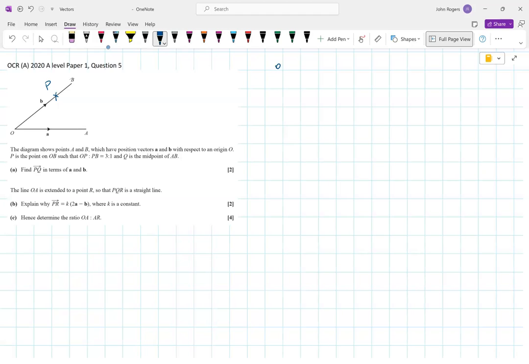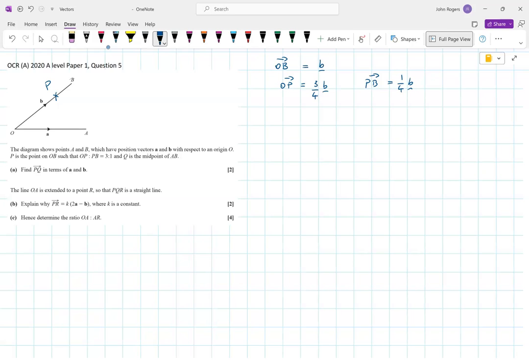It defines the position vector of B as B. We can therefore say that the position vector of P must be equal to 3/4 of B, and that PB is equal to 1/4 of B, because they're in the ratio 3:1.